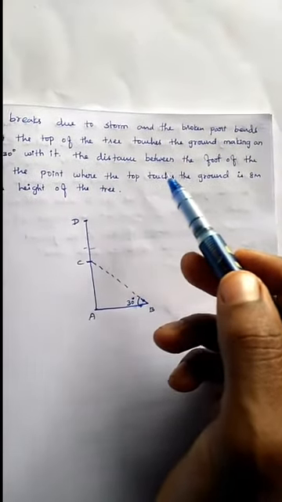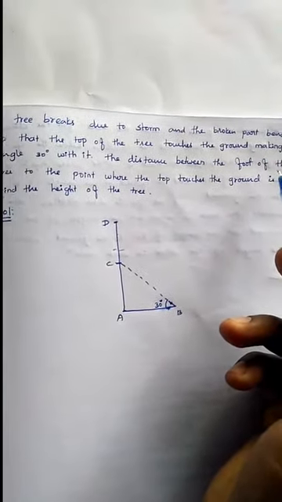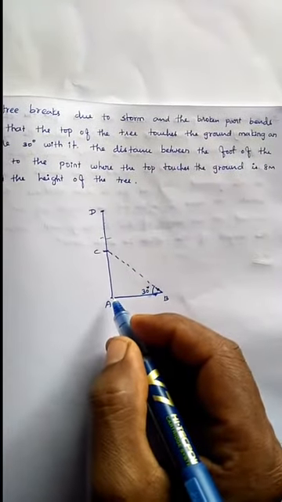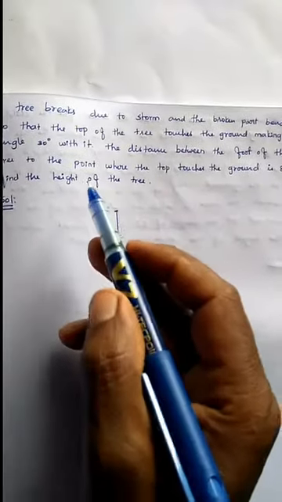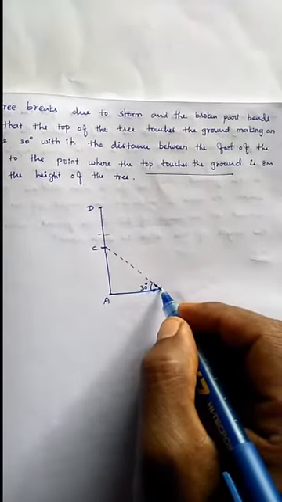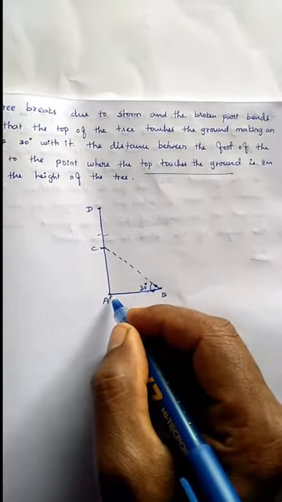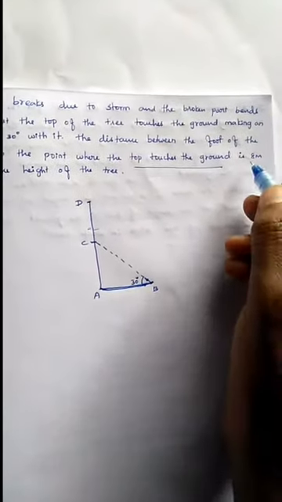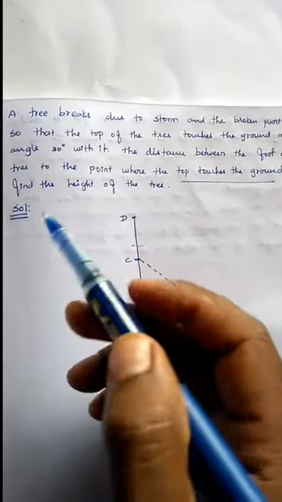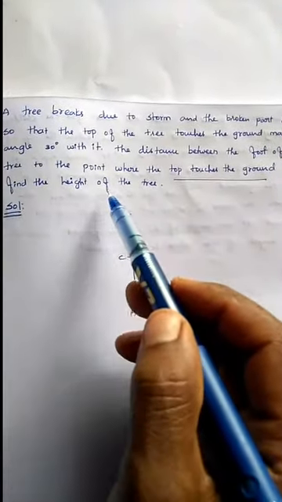Then the distance between the foot of the tree to the point where the top touches the ground is this distance, and it's given that 8 meter. Then what we have to find out? Find the height of the tree.